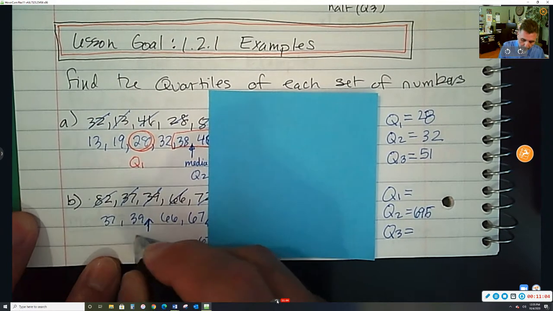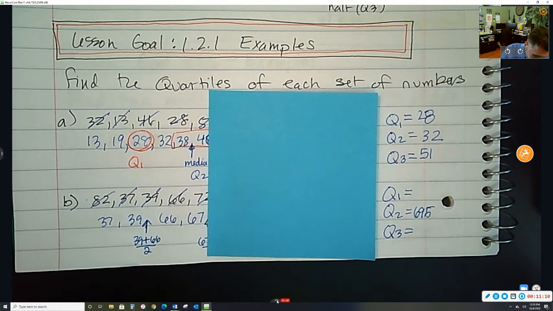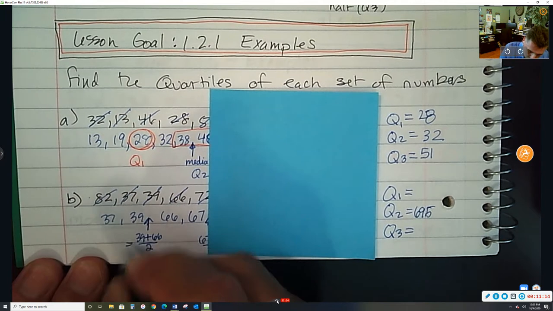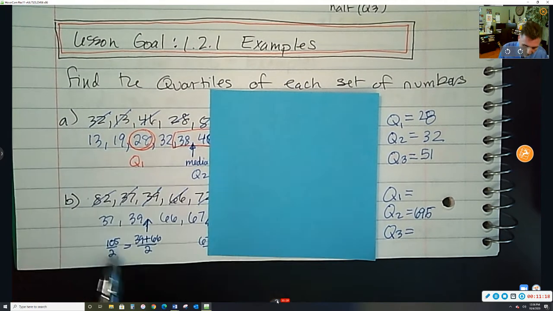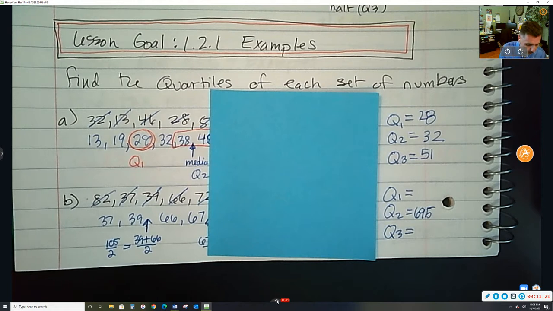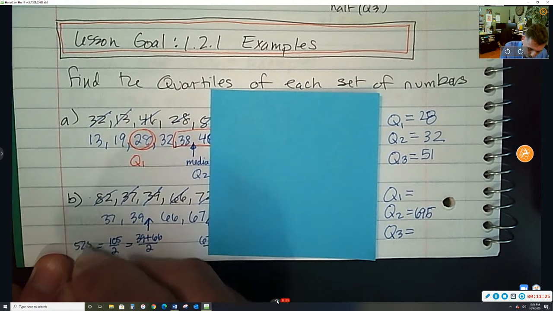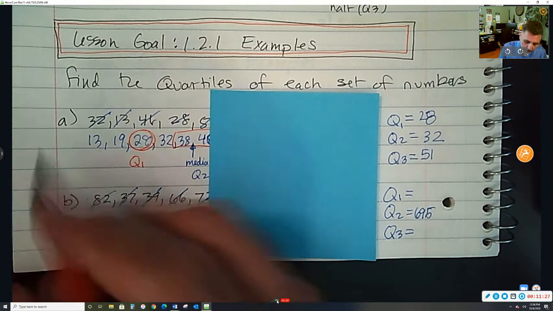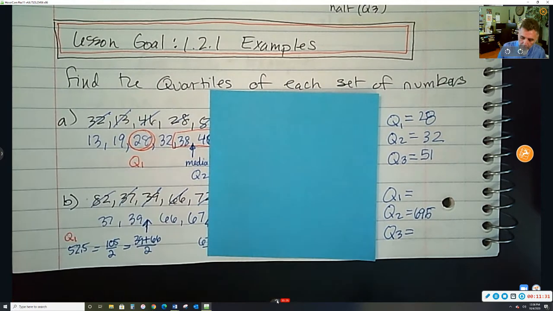So again, I need to take those numbers, add them, and divide it by 2. So 39 plus 66, you get 105. And I'm going to work this way because I have more space going to the left. And then 105 divided by 2 is 52.5. And that's the lower quartile, which would be quartile 1.